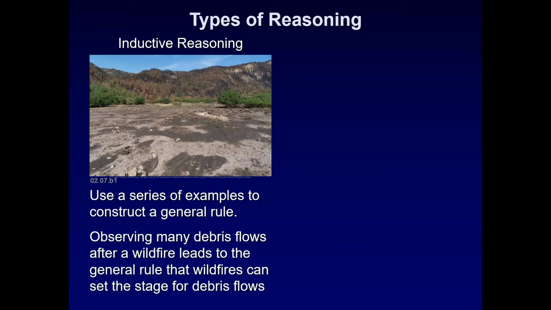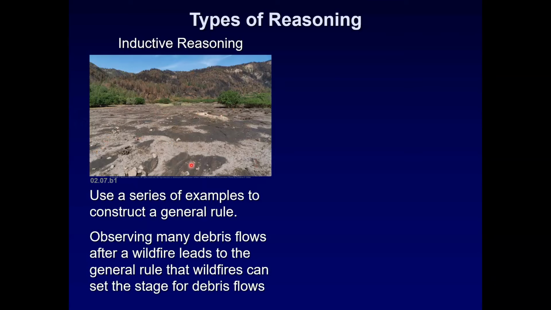Okay, there's a few different types of reasoning we can discuss. One is inductive reasoning. With that, you can use a series of examples to construct a general rule. For example, you can observe that there are many debris flows that come about after wildfire.